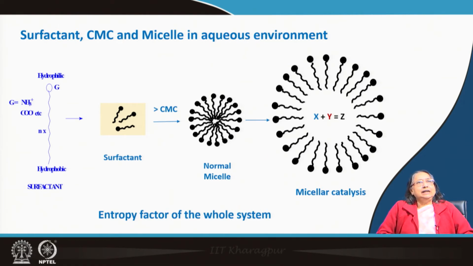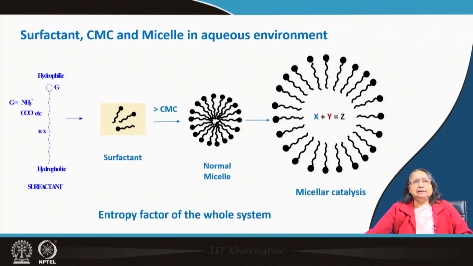You have to think about the whole system. When the micelles are formed, the water structure is breaking, so the entropy of water is increased. In the micelle the entropy is decreased, but as a total, entropy is increased. This is not catalysis related, but I just wanted to mention it.